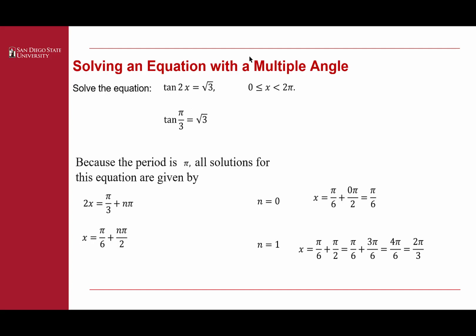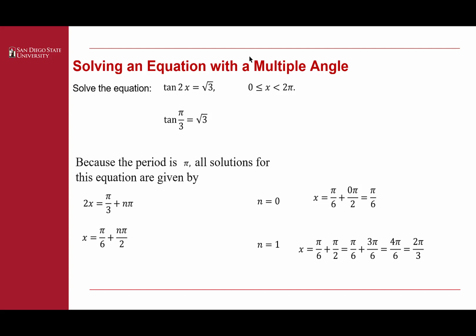This short example contains a little trick to pay attention. It asks us to solve the given equation tangent 2 times x equals to square root 3 with the given interval of x between 0, including 0, up to 2 pi, excluding 2 pi.